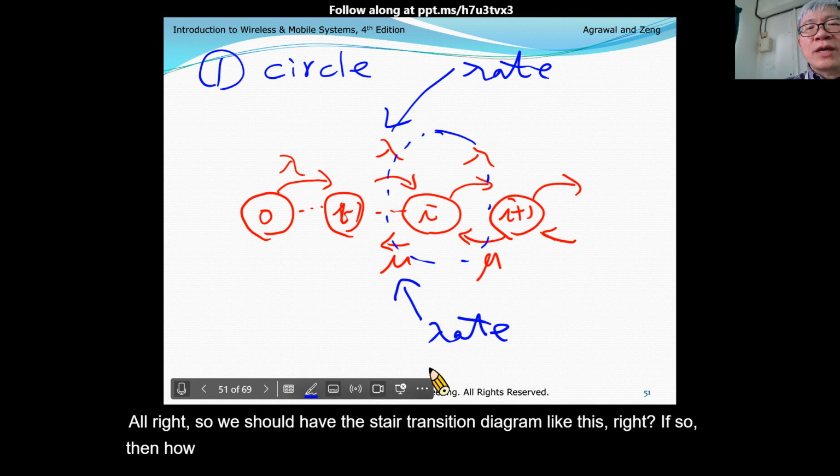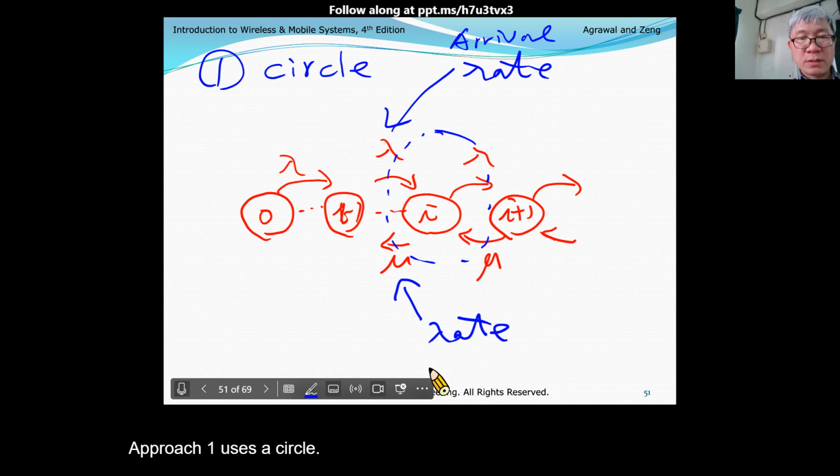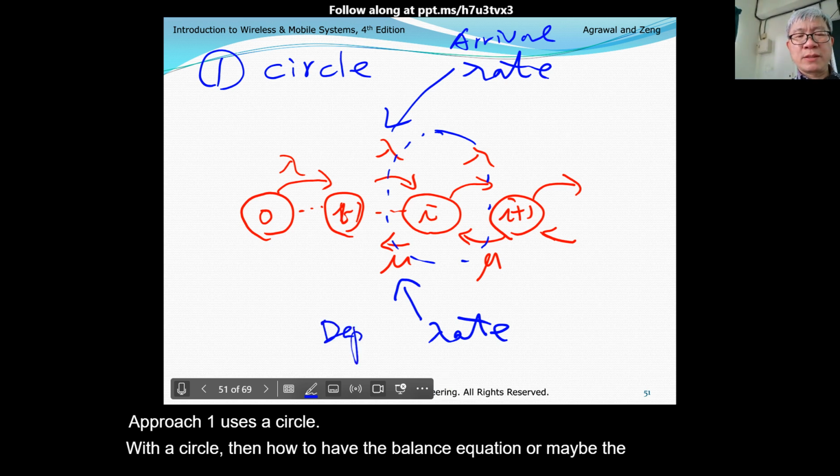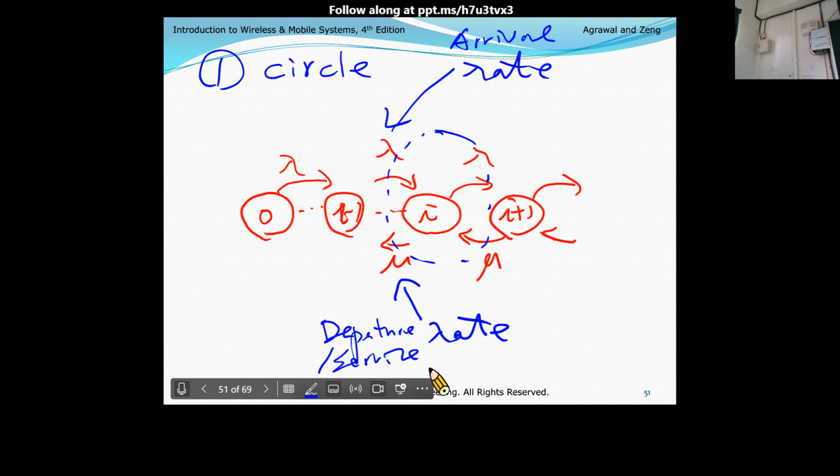This is the arrival rate, and this is the departure rate or service rate. Arrival, so we have a force to come to the system. So this is the arrival rate. In the other direction, we have the service rate. Once service is finished, the customer can leave, then it will depart. So it is called the departure rate.